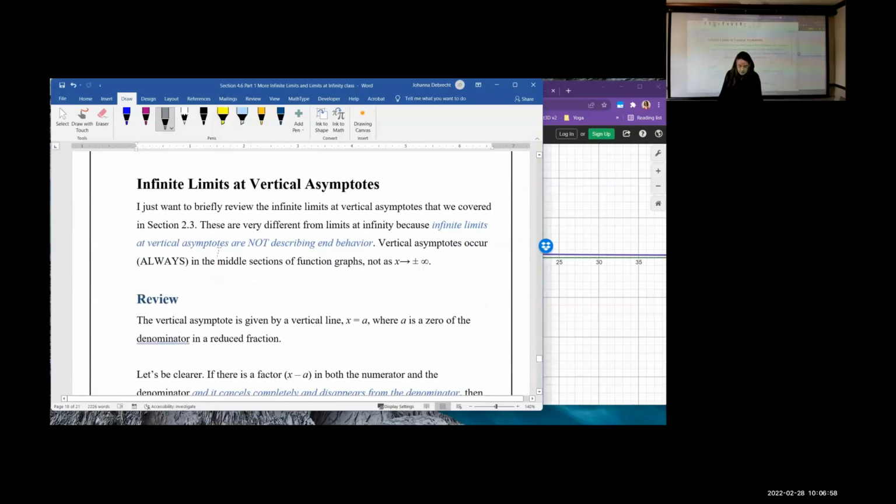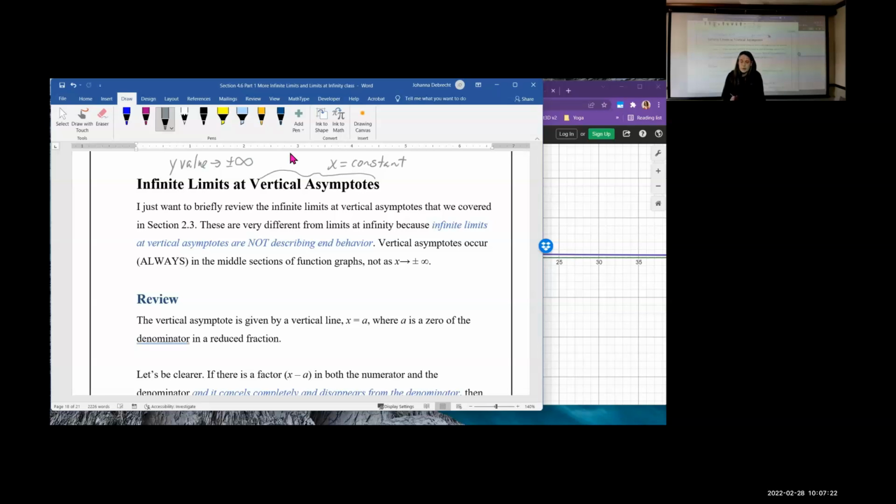Okay. Now we want to take a look at infinite limits at vertical asymptotes. So infinite limits, again, we're referring to the y value going to infinity or negative infinity. And a vertical asymptote referring to x equals some constant.